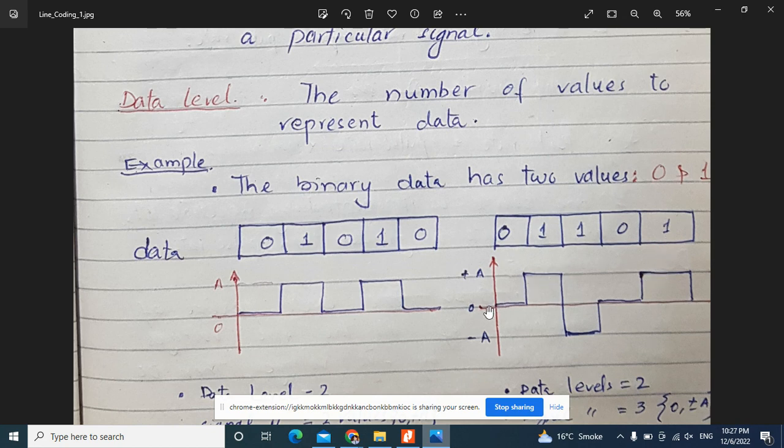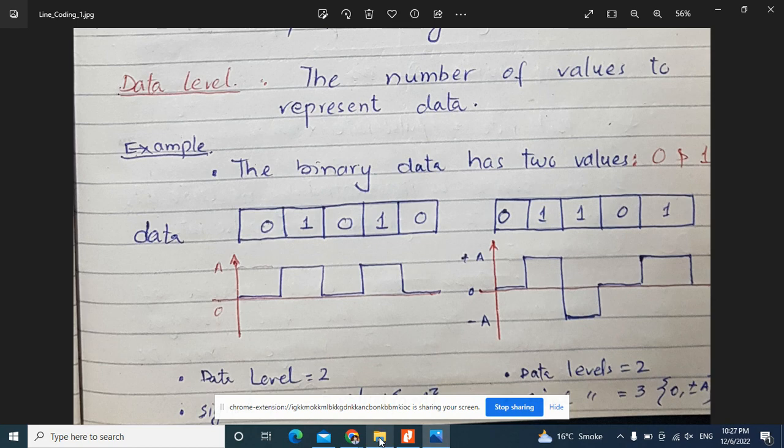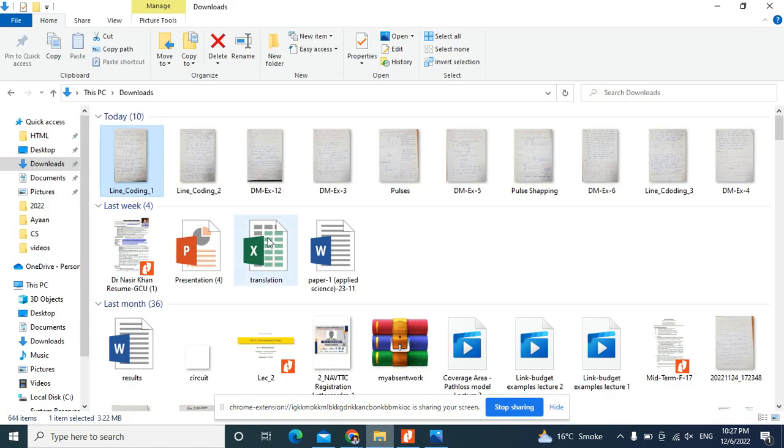This shows that you have two data levels, either 0 or 1, but three signal levels: positive A, 0, and negative A.